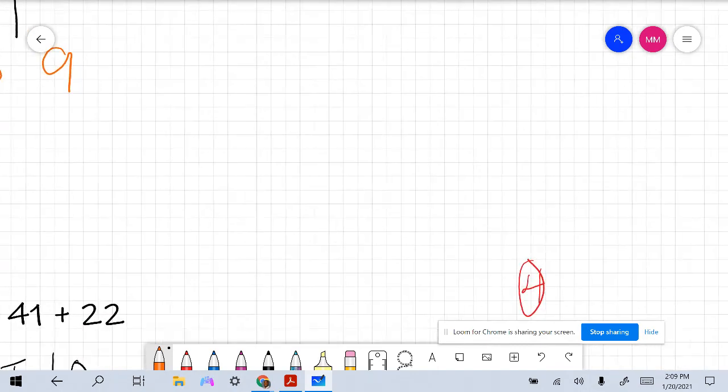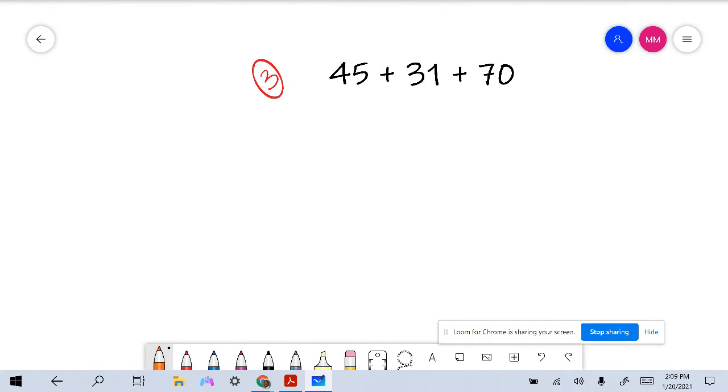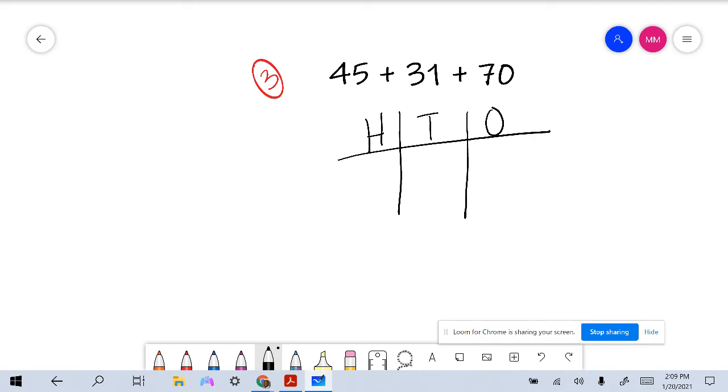Let's take a look at our last example. I have 45 plus 31 plus 70. Let's see if you can help me out before I give you the answers on these. I'll draw my place value chart.